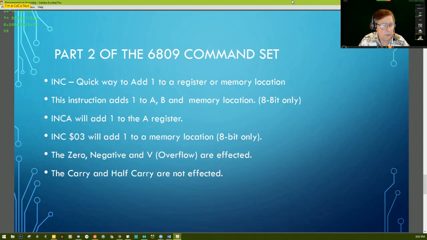You can add one to registers A or B or to a memory location. This is only an 8-bit operation, 1 byte only. INC would mean increment. Exactly. So INC A adds 1 to the A register. Now, if the A register has the decimal number 255 in it and you INC it, it becomes 0 because it loops around.